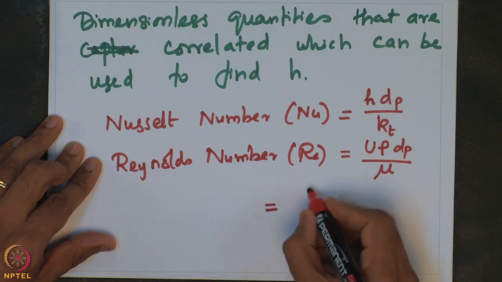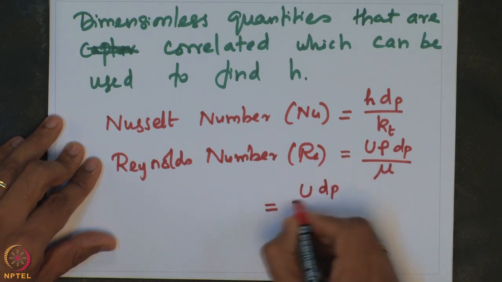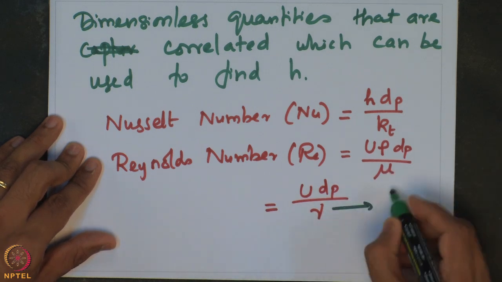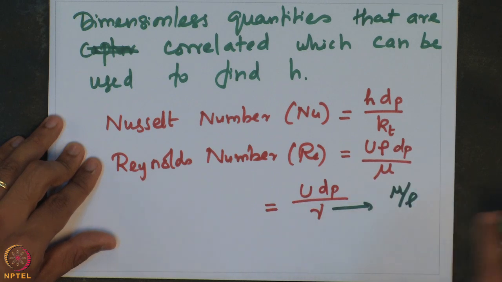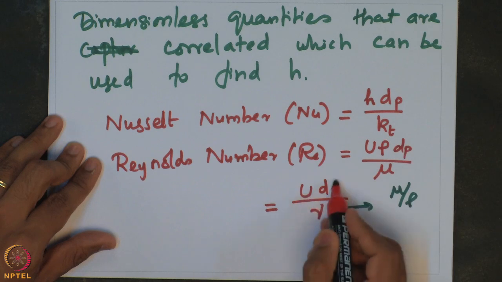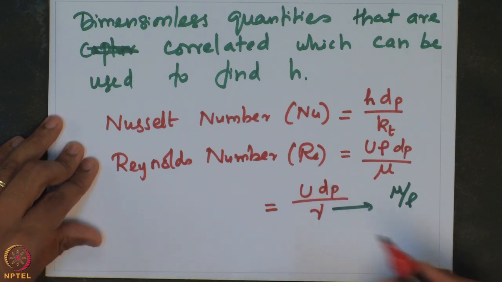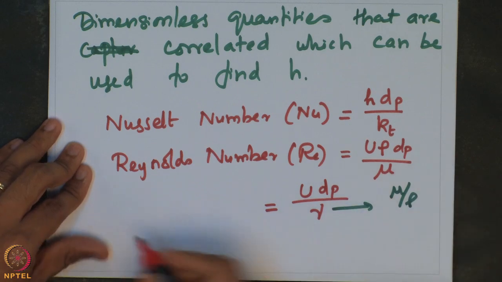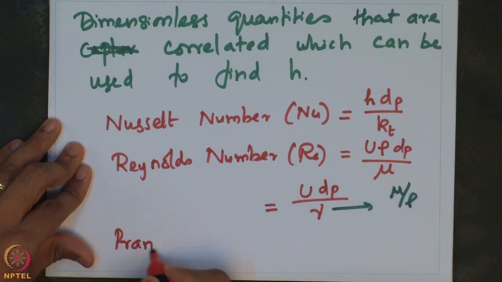One can rewrite this as u dP divided by what is called the kinematic viscosity, nu, which is mu by rho. So one can write the Reynolds number as u rho dP by mu or u dP by nu. Both are the same. And there is the third number, which is the Prandtl number.